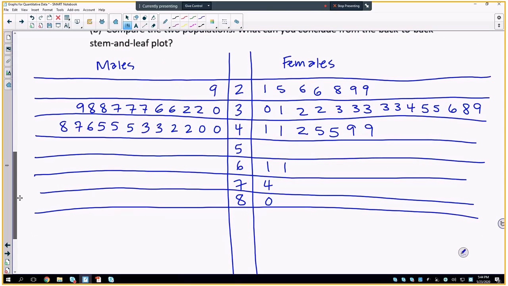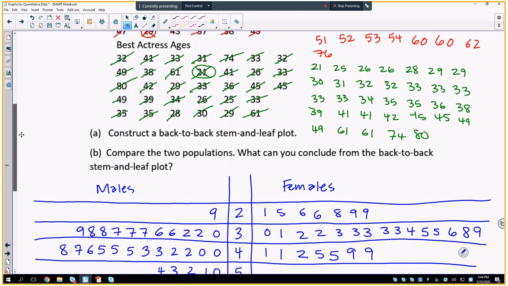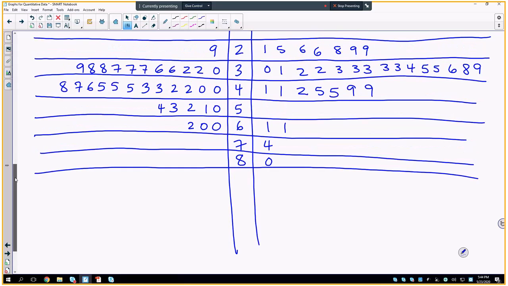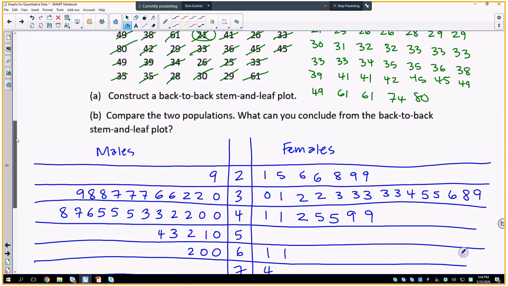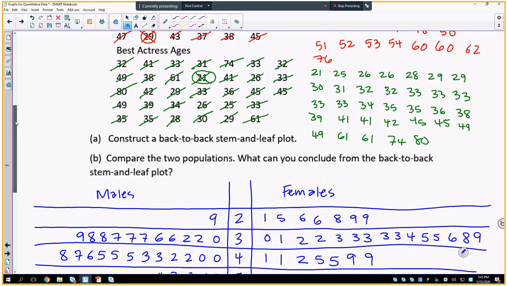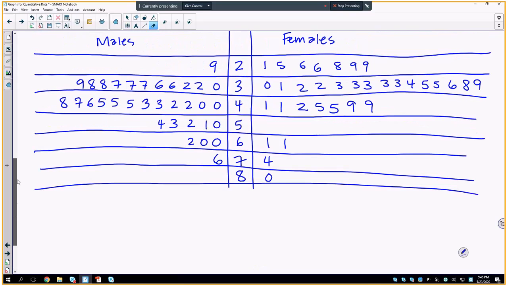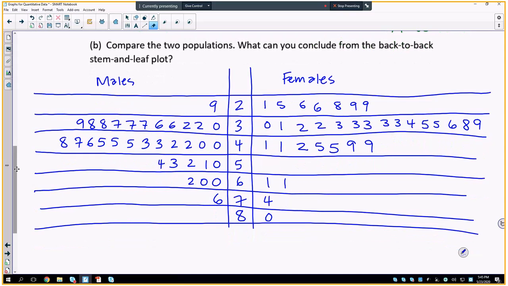Then 60, 60, 62. And 76. So this is our back-to-back stem and leaf plot for Best Actor versus Best Actress from 1977 to 2009.